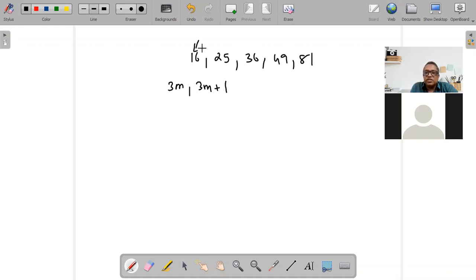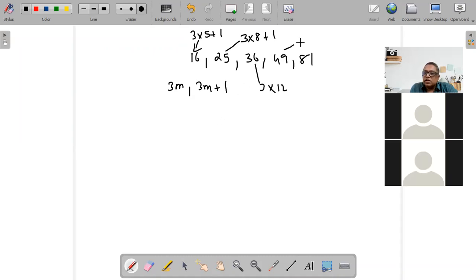For example, जैसे 16 है. Is 16 a multiple of 3? No, but I can write it as 3 into 5 plus 1, 15 plus 1, 16. 25 is not a multiple of 3, but I can write it as 3 eights are 24 plus 1. 36 is a multiple of 3, I can write it as 3 into 12.